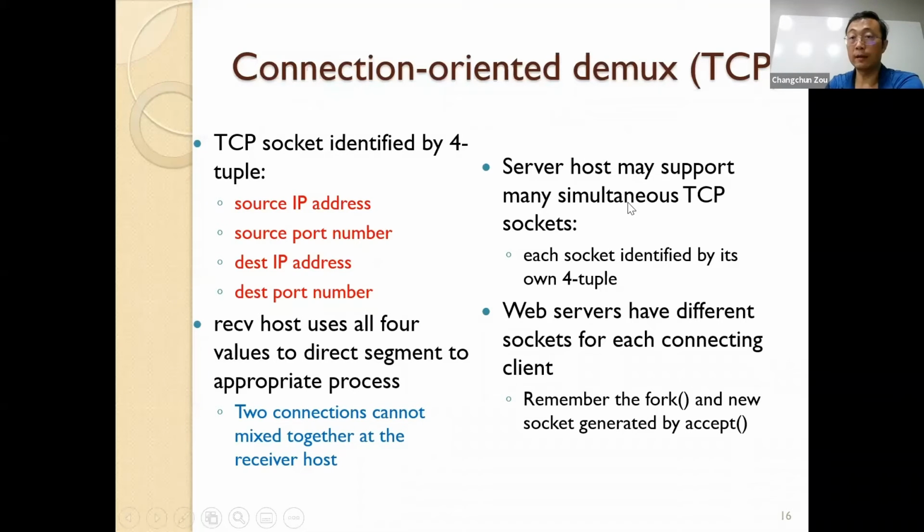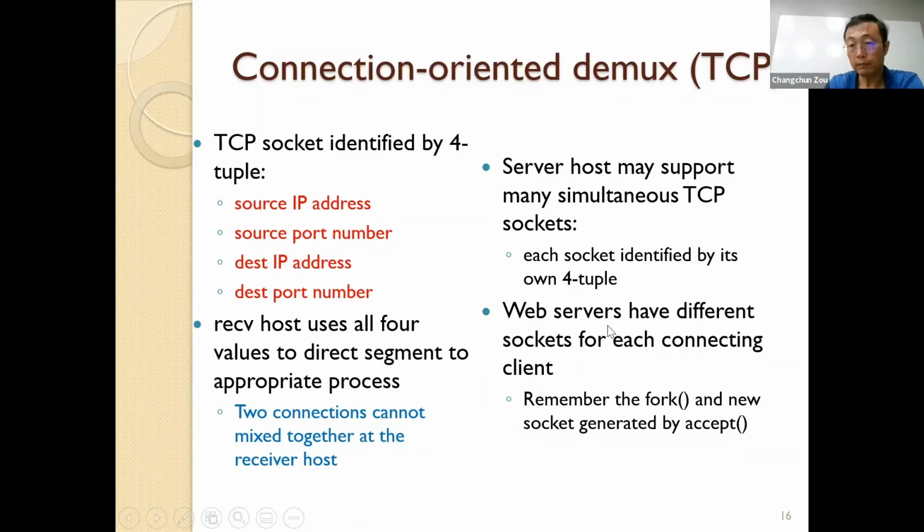So each server has an upper limit on how many concurrent connections it can serve, depending on the server's CPU and memory resources. Each socket is identified by its 4-value tuple.